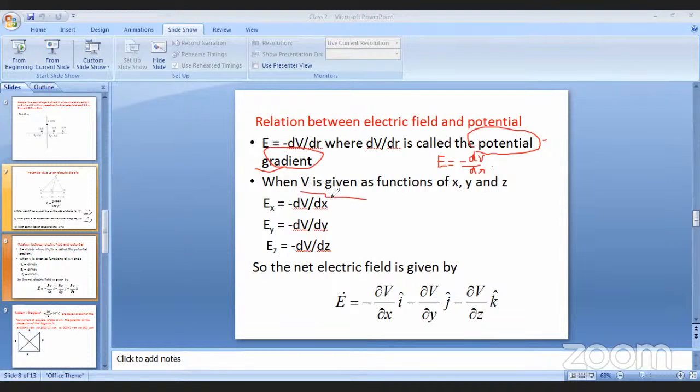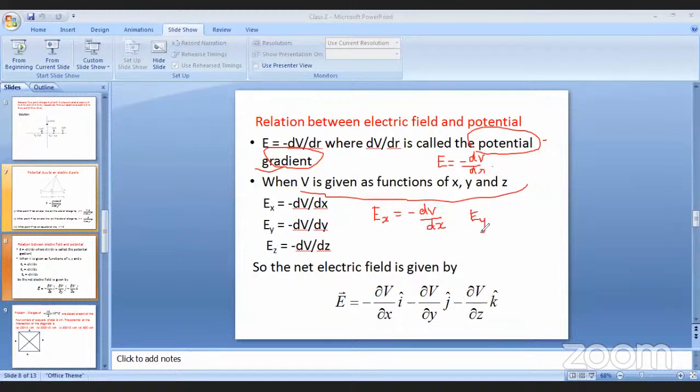And when the potential is given as functions of x, y, and z, then your electric field will also have three components, x, y, and z. So the x component of electric field is given by Ex equal to minus dV by dx.